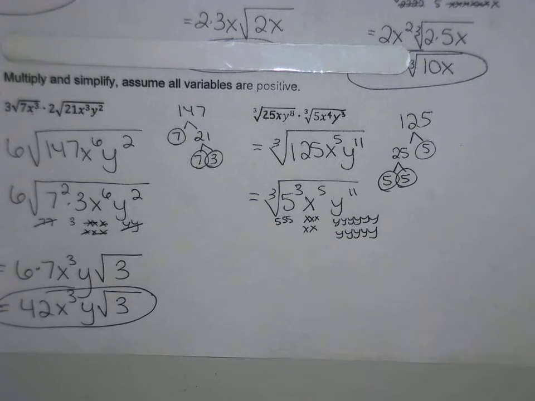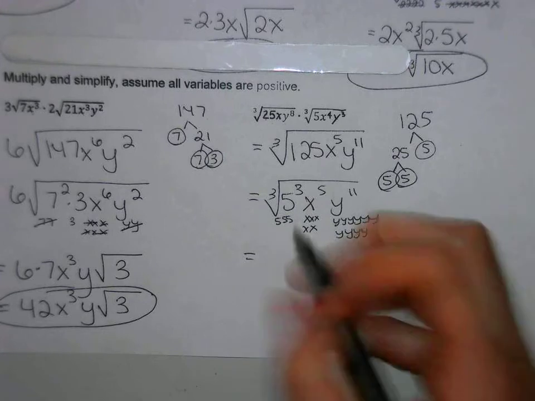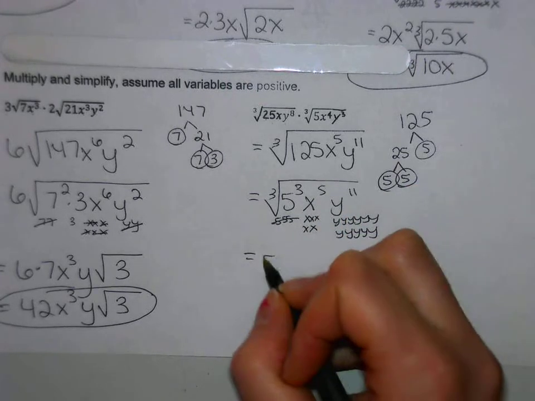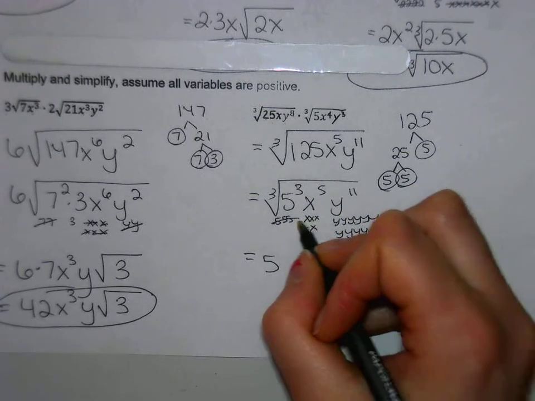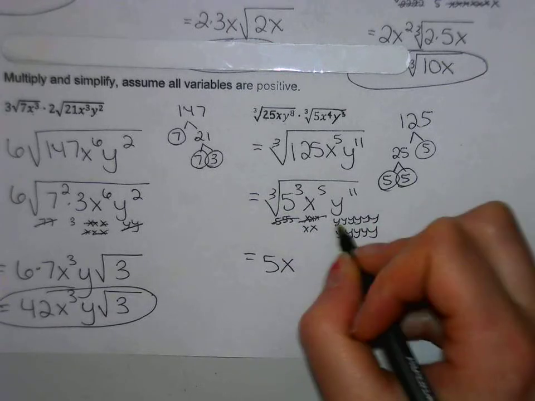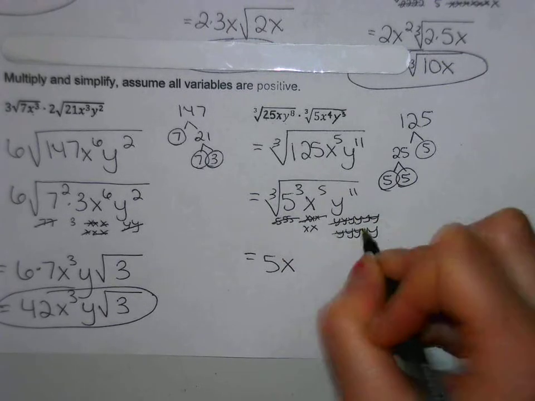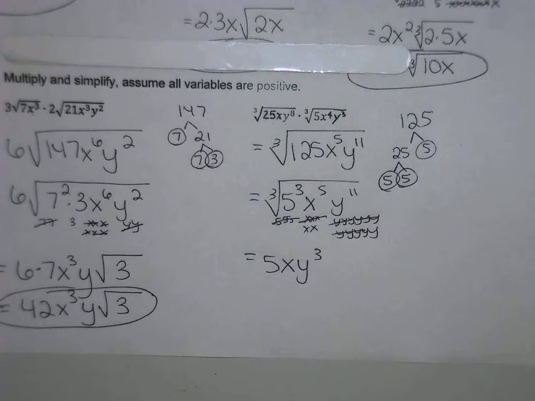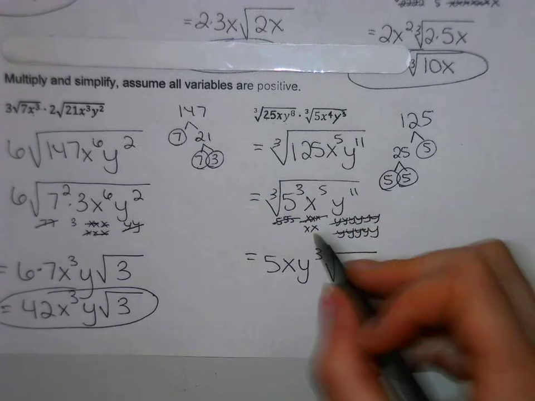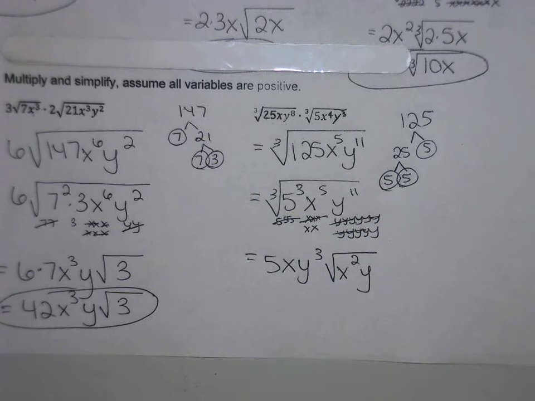So we want groups of 3. We can pull out one group of 5s, one group of x's, 1, 2, 3 groups of y's, and what we're left with is x squared and a y.